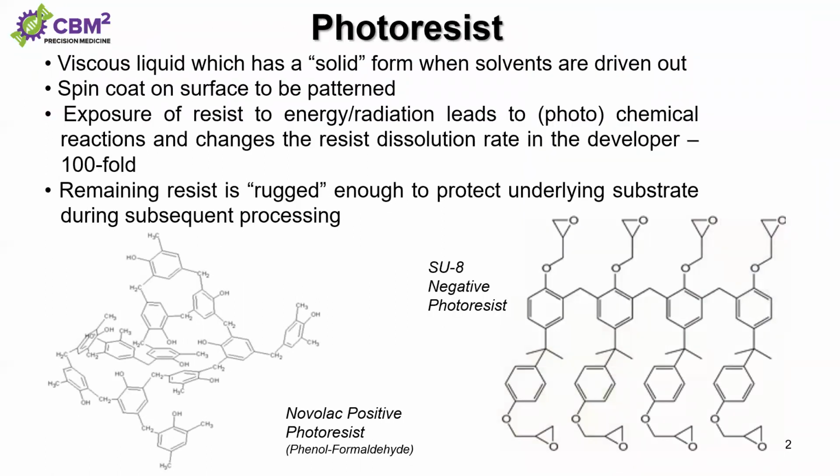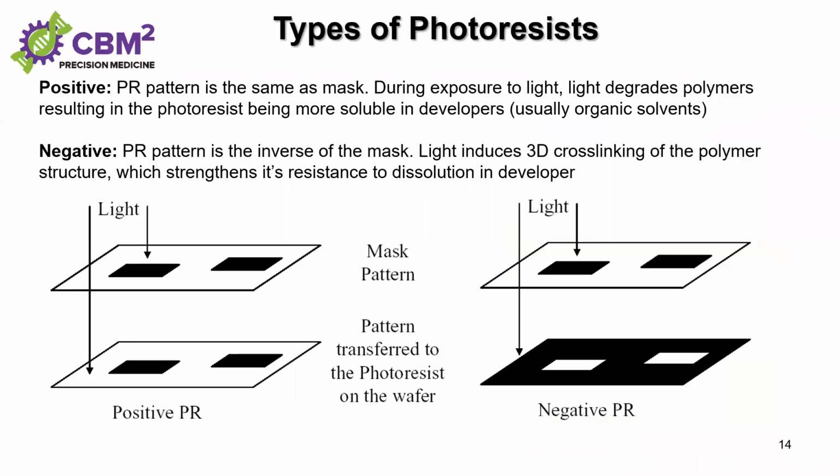So now the next important component is photoresist. There are basically two different types of photoresist: the positive photoresist and the negative photoresist.